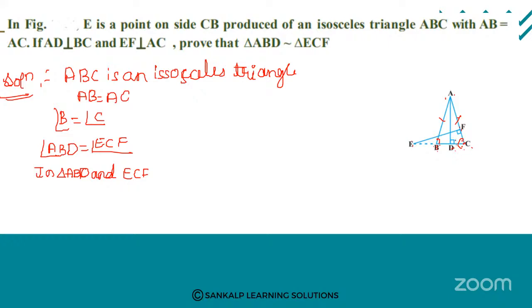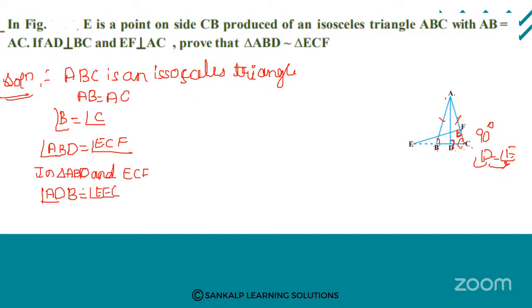You can observe carefully here. We can see that these two angles are 90 degrees. That means angle D is equal to angle F. So these two are 90 degrees. That I can write as angle ADB is equal to angle CFE or EFC.